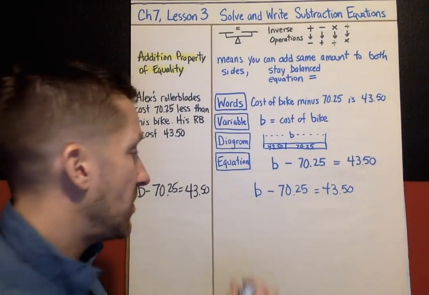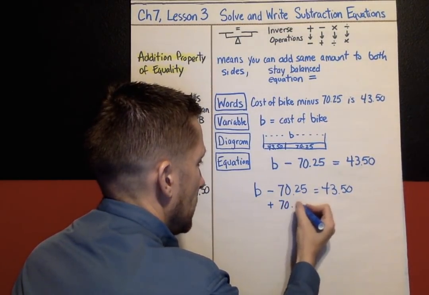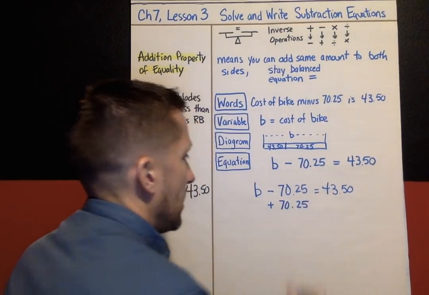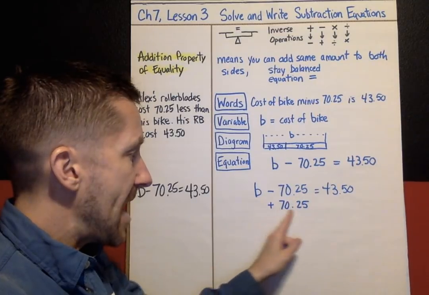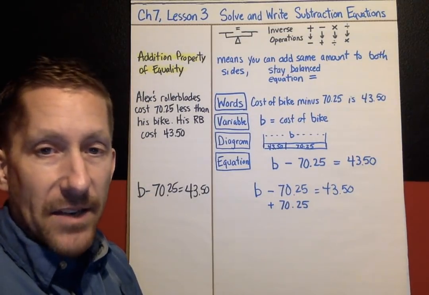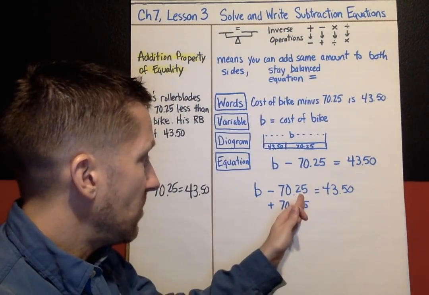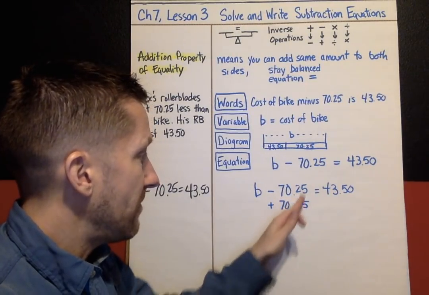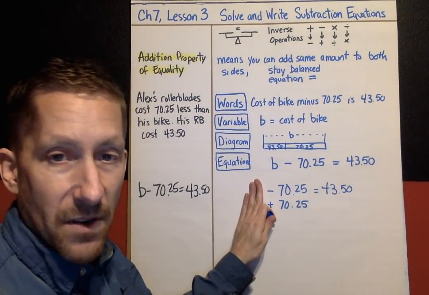So what we are going to do is add $70.25. Now, subtract $70.25 and add $70.25 actually cancel each other out. It becomes 0. Take away $70.25, add $70.25. Well, if you put those two things together, you'd have 0, nothing.